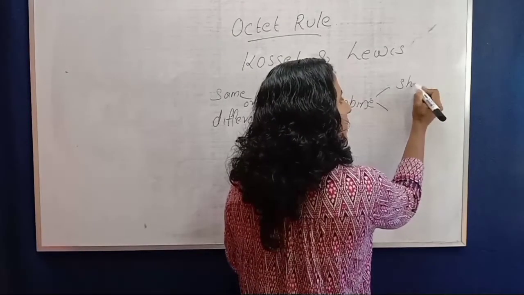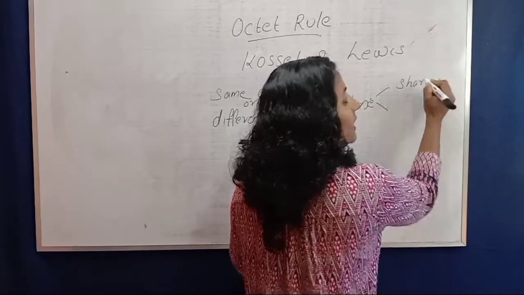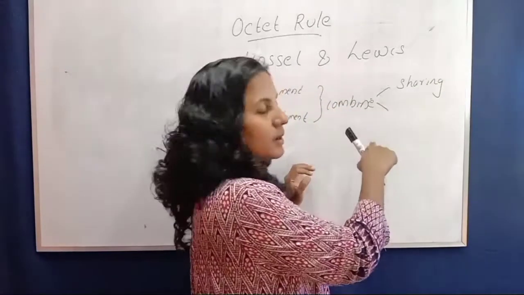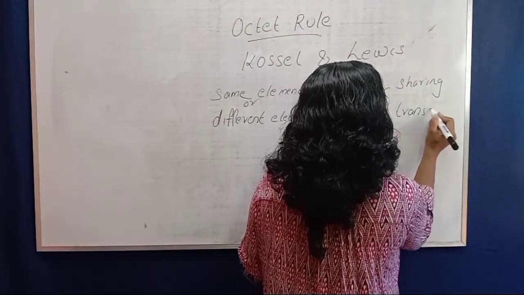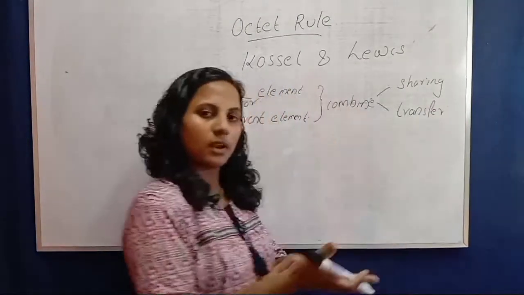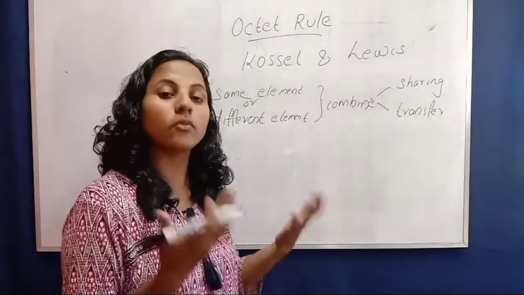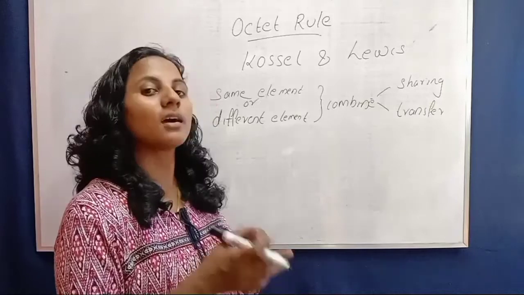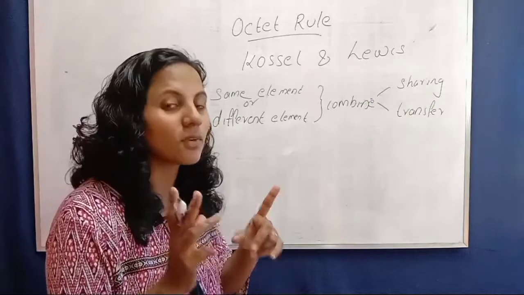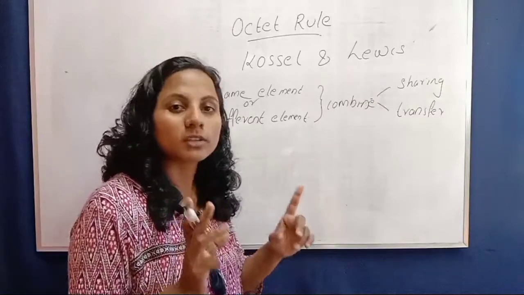One, by sharing their electrons, or otherwise by transfer of electrons. For what are they sharing, for what are they transferring their electrons? That is only for one thing. What thing? To get an octet.